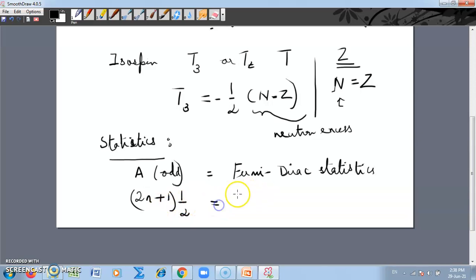This is an odd number multiplied by half, so this quantity obviously is a half integer.